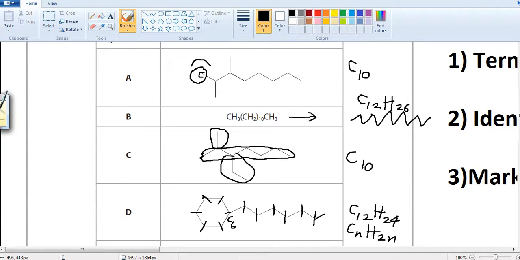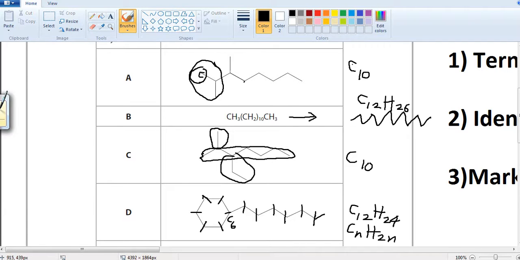So these two carbons are now being replaced here. So we can say that A and C are isomers in that sense, since they have the same molecular formula but different structure.